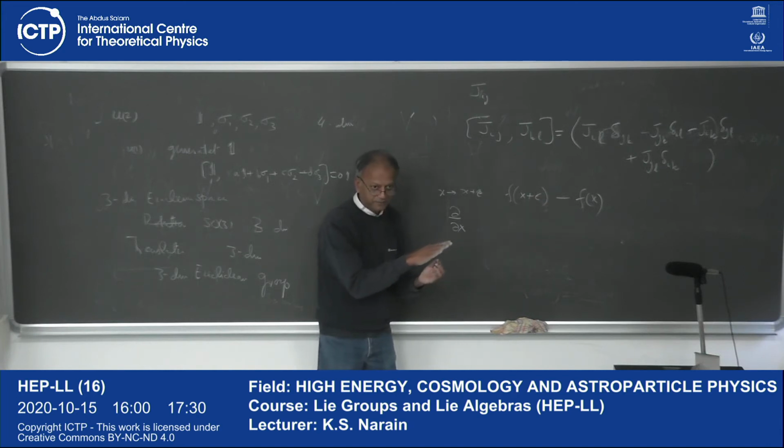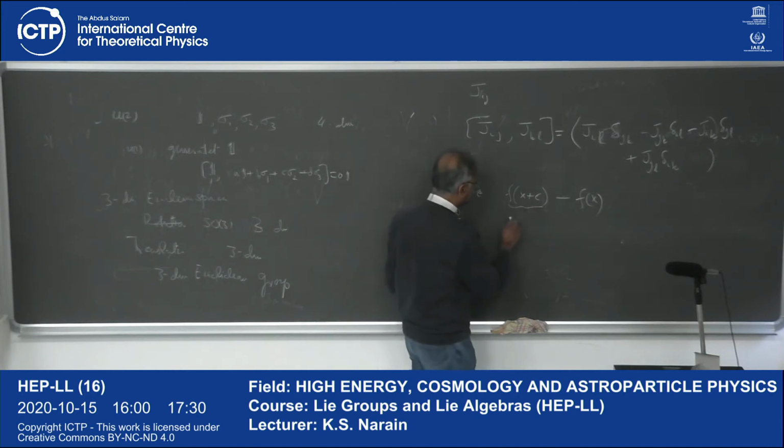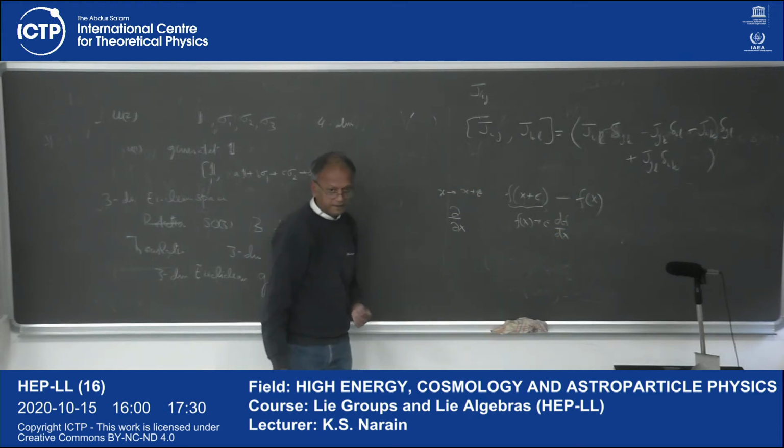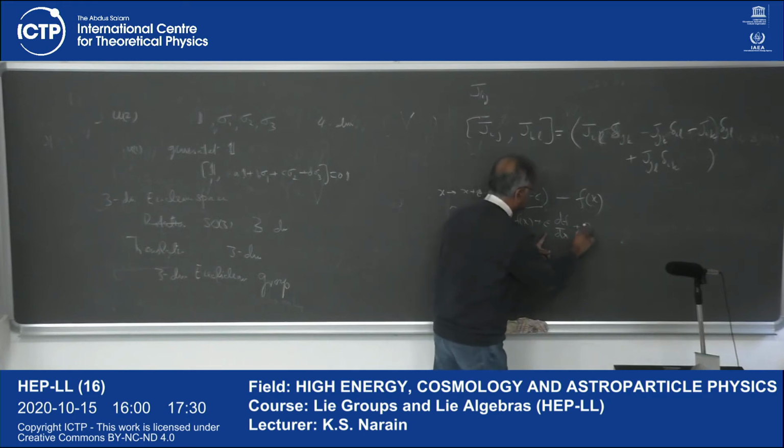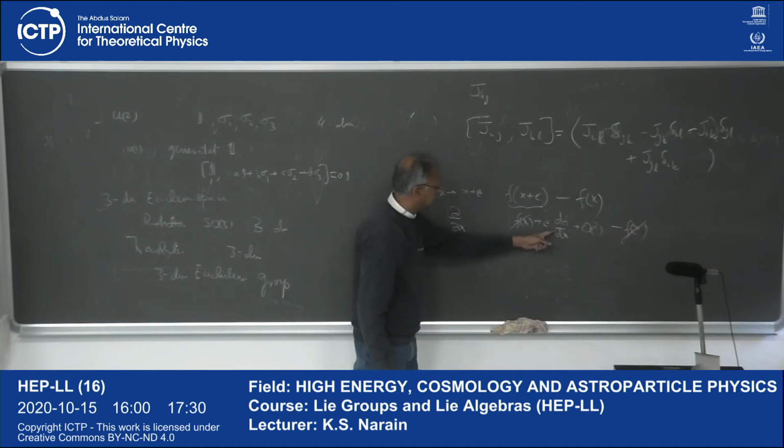That will be the generator, right? But then you can make a Taylor expansion, and that's nothing else but f of x plus epsilon df by dx, right? To first order in epsilon. And then plus higher order in epsilon squared. Minus f of x. So this cancels. And you find the generator is nothing else but d by dx. No?